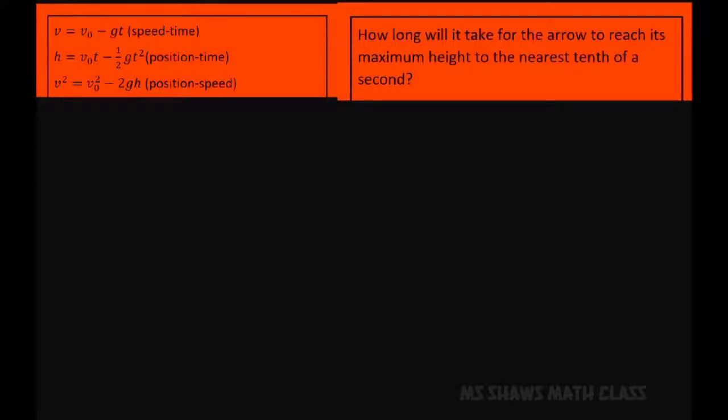All right, now that we have that, we have one more question to answer. The last question is, how long will it take the arrow to reach its maximum height? So what we're going to do is take our second equation and plug that in.